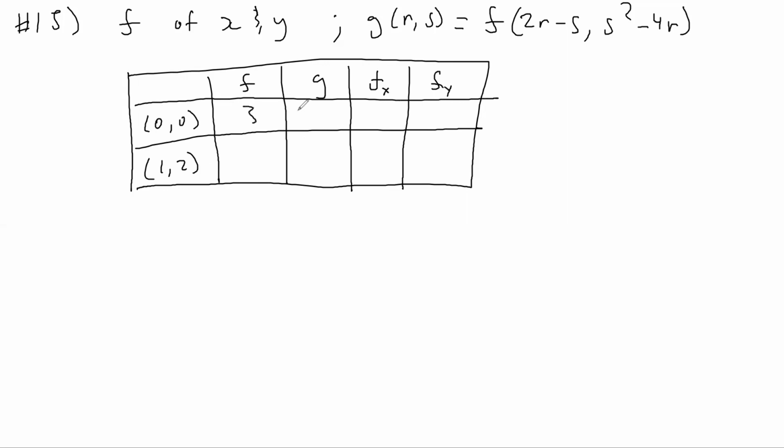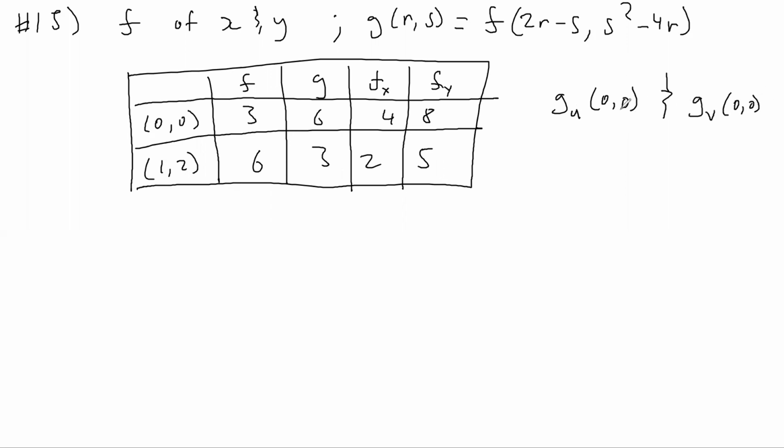So that would be 3, 6, 4, 8, and we have 6, 3, and 2, 5. And the question is asking to find what g sub u of 0, 0 is, and what g sub v of 0, 0 is.